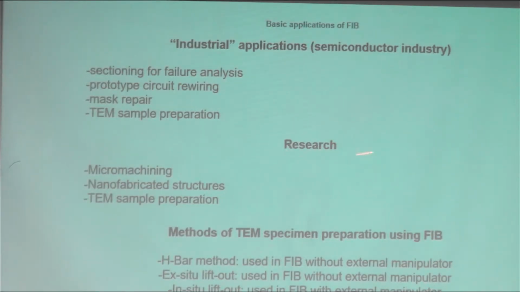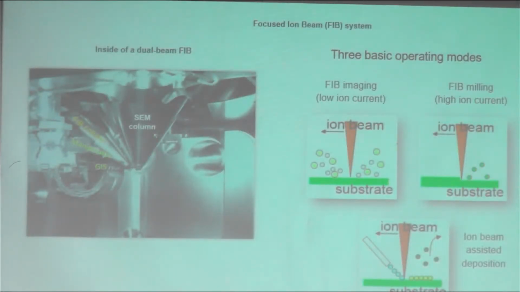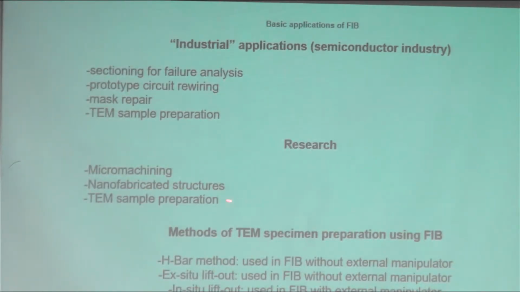For research, you can use it for micromachining and nanofabrication. If you use this mode, you can create nanostructures, or grow nanostructures on your surface. And we are using it primarily for TEM specimen preparation.